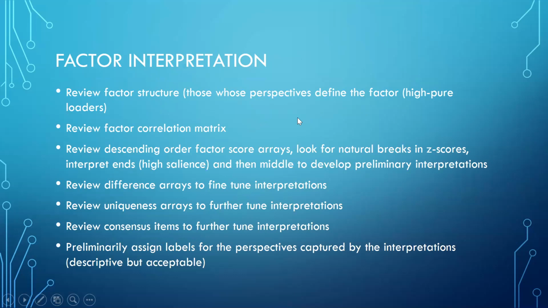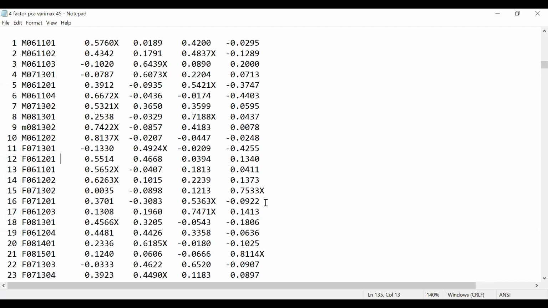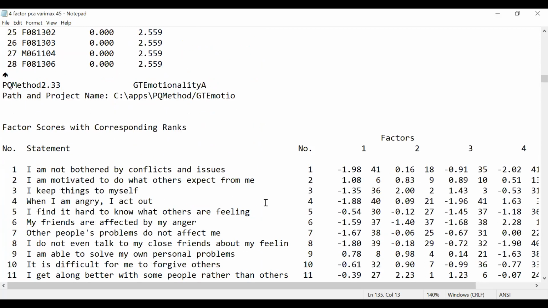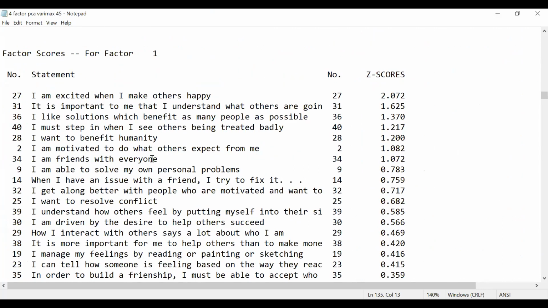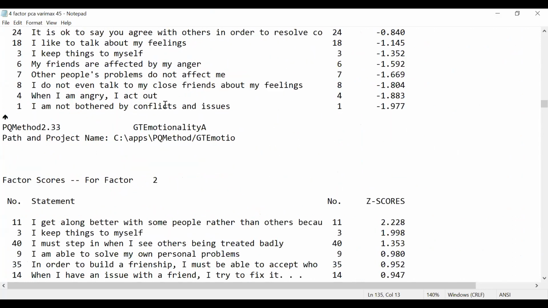When I do my factor analysis, I take the scores from the data printout. I'm going to show you really quickly so you know that I came up with this from somewhere. You can see the factor scores for factor 1 and for factor 2. So I have these lists of scores that come from the printout.